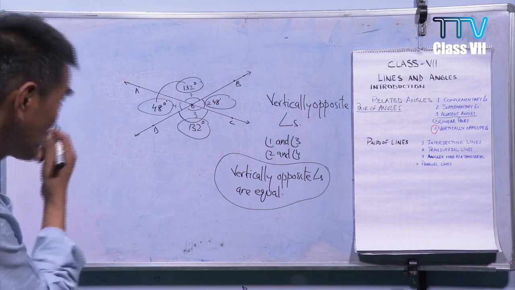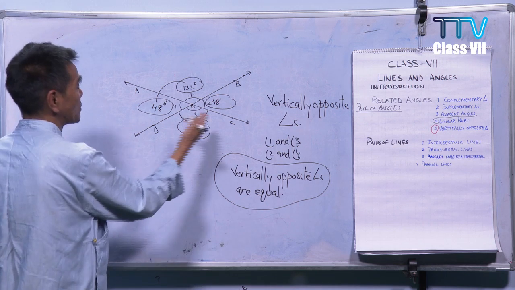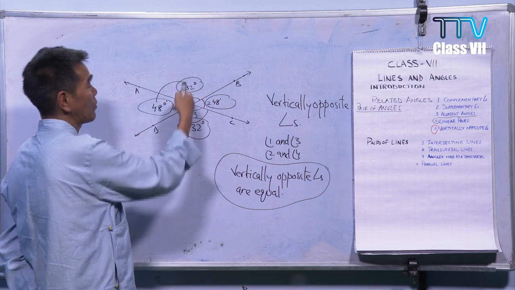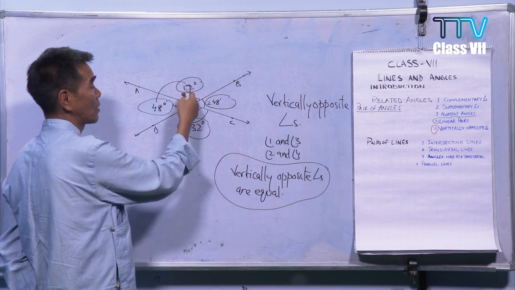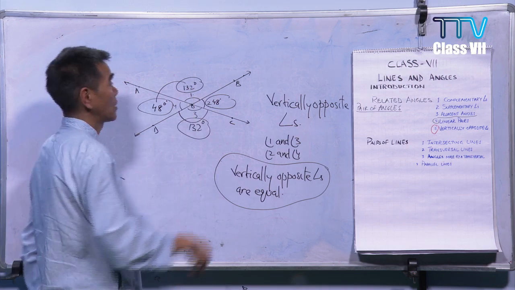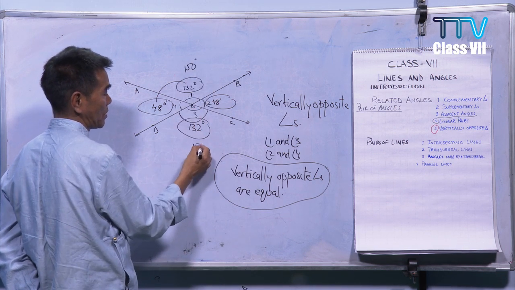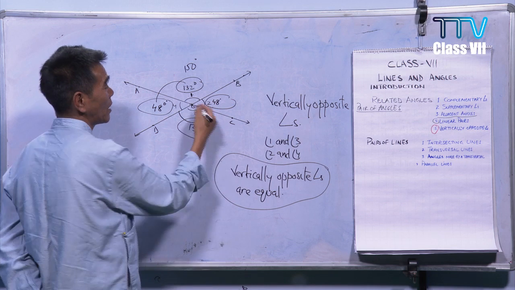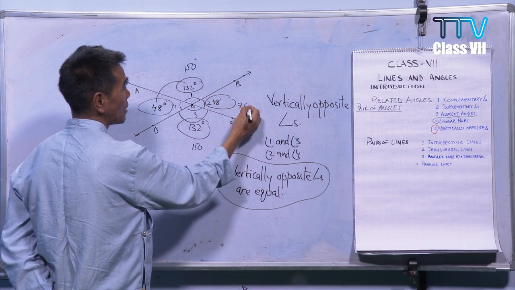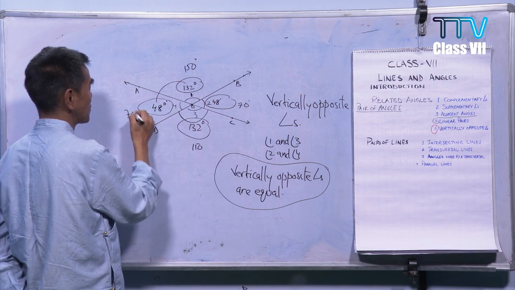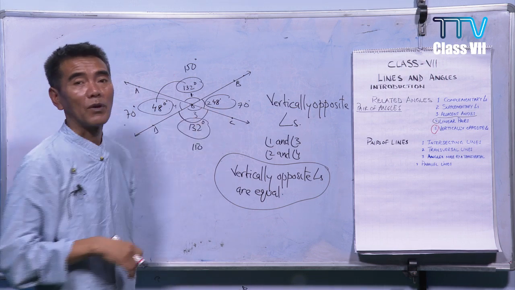So angle 2 is equal to angle 4 because these two are vertically opposite angles. Angle 1 is equal to angle 3 because these two angles are vertically opposite angles. If angle 1 equals 150 degrees, then angle 3 is also 150 degrees. If angle 2 is equal to 70 degrees, then angle 4 is also equal to 70. Why? Because these two angles are vertically opposite angles.